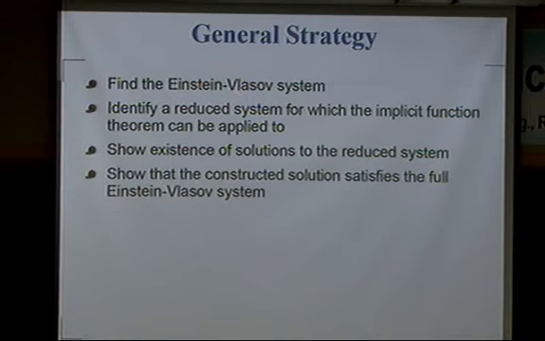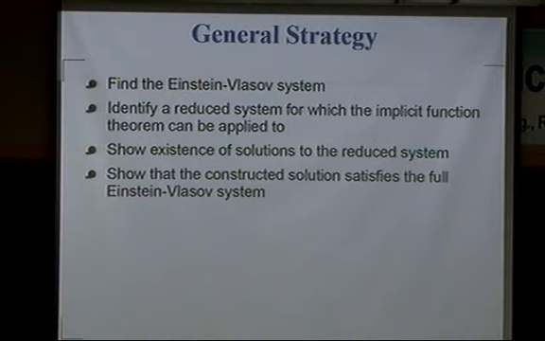So the first thing you should do here is to really find the equations. And it turns out that the Einstein equations are an overdetermined system, so you should find a reduced system to which you want to apply the implicit function theorem.